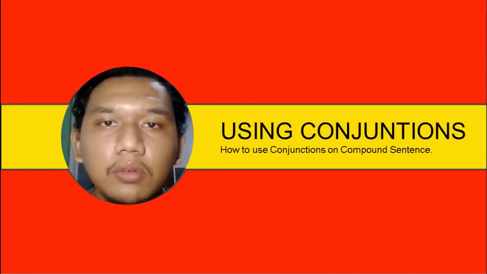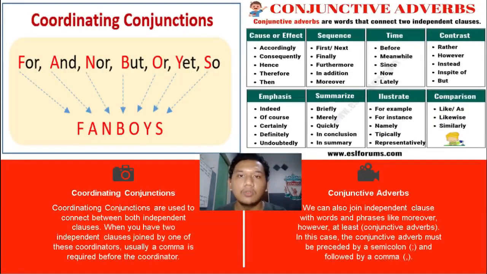Next, we will be looking at how to use conjunctions in compound sentences. First, we will be looking at coordinating conjunctions. Coordinating conjunctions are used to connect both independent clauses together. Usually, a comma will be required when we are using this type of conjunction.